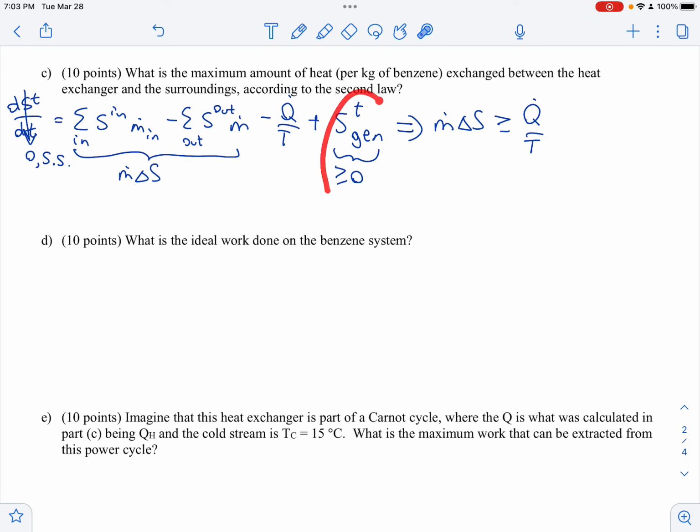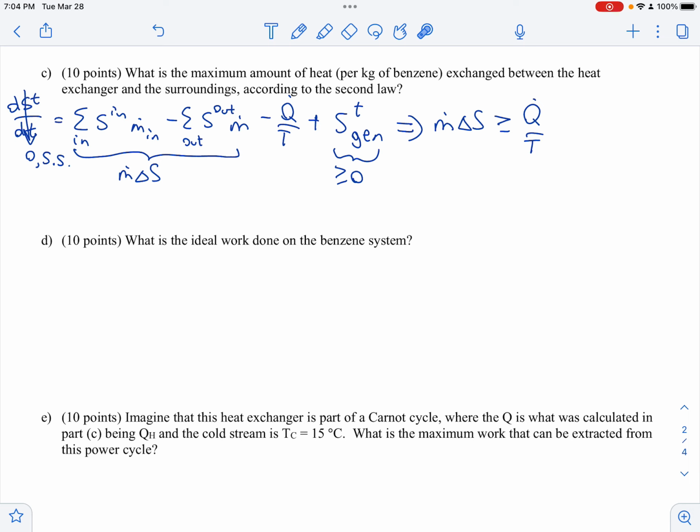Because if the entropy generation is greater than or equal to 0, and this is moved to the other side, then m dot delta S is going to be equal to Q over T plus S total generated, which is greater than or equal to 0, so we can say this relationship is true.